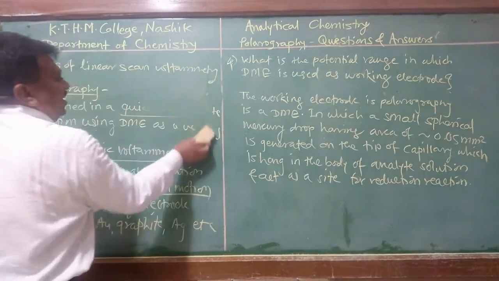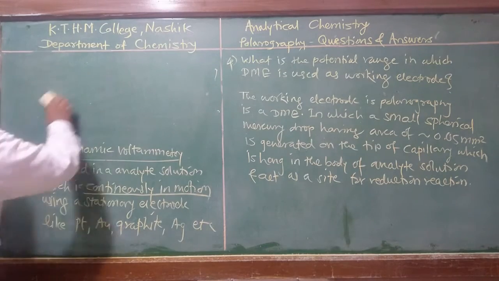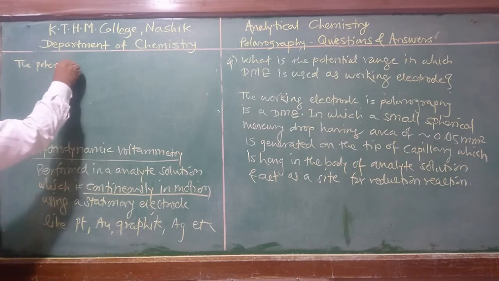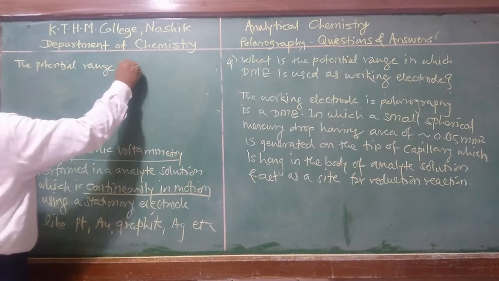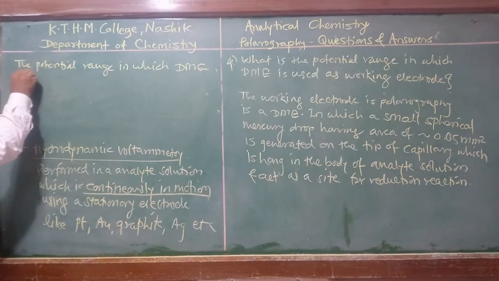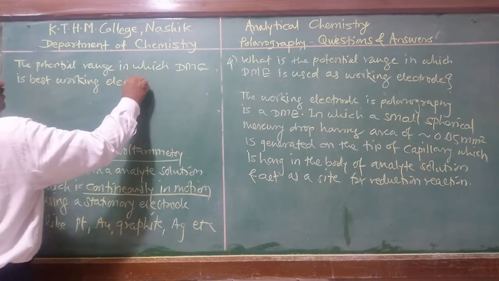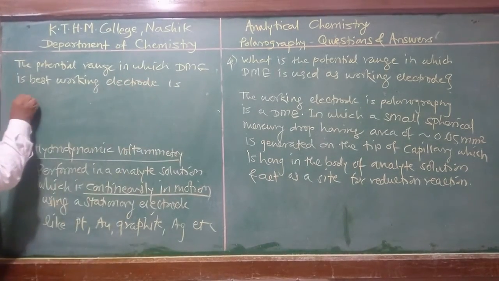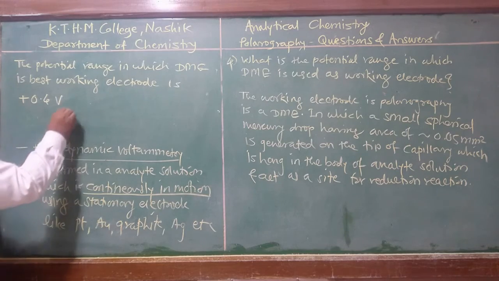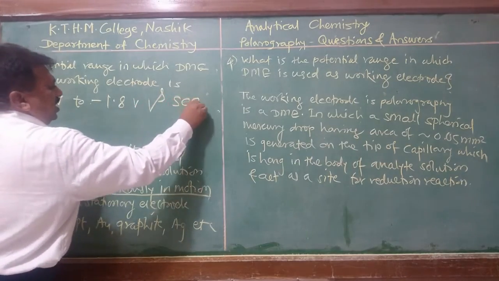Here, the potential range in which the DME is the best working electrode is plus 0.40 volt to minus 1.8 volt versus the saturated calomel electrode.